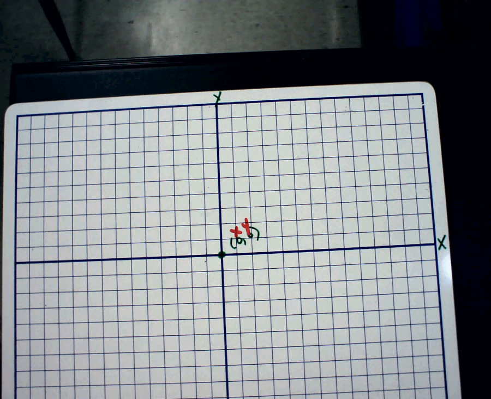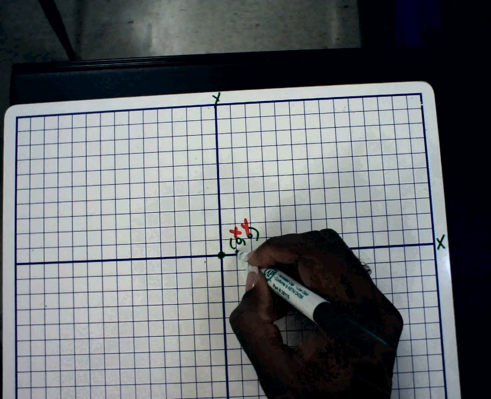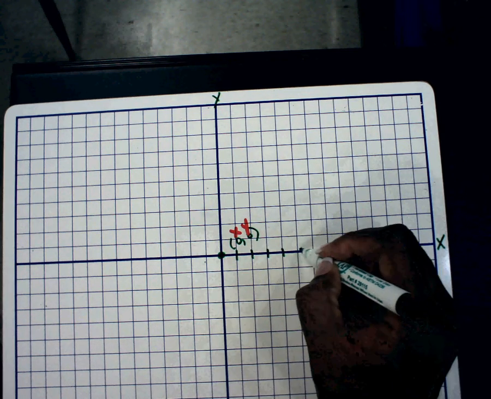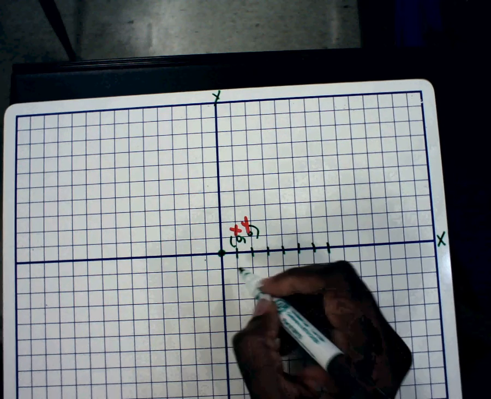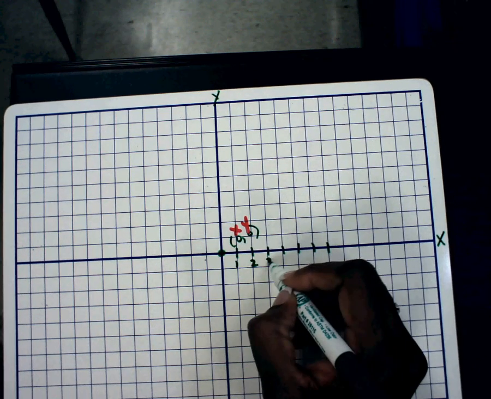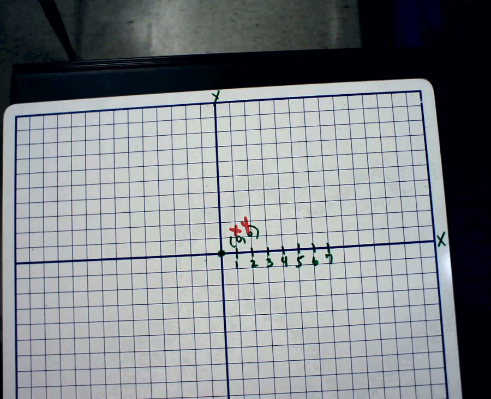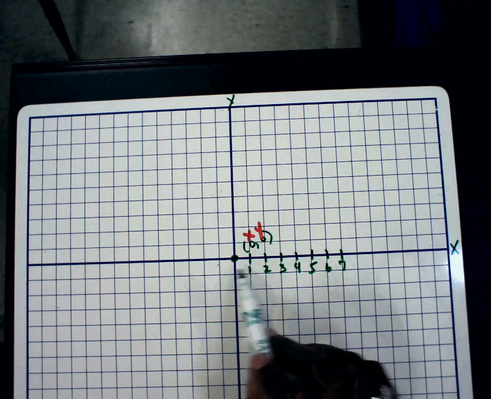Okay, let's go ahead and put some numbers so we can easily see. We have 1, 2, 3, 4, 5, 6, 7. That should be sufficient. These are our positive numbers for our x.